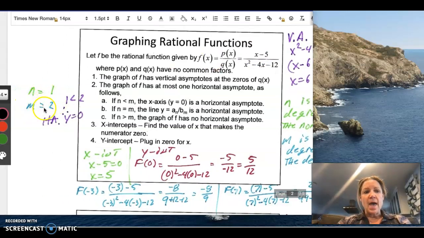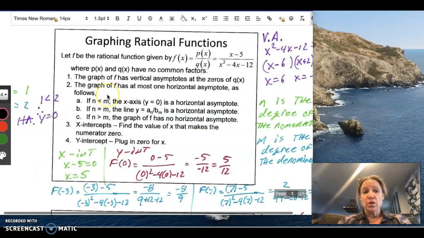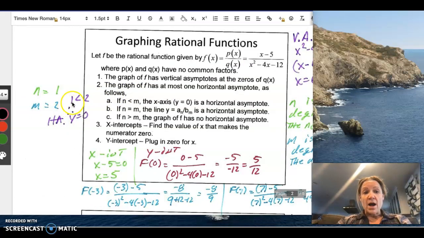The m is the largest exponent of the denominator. So here's your denominator. The largest exponent is 2. So we have 1 is less than 2. So it follows this first condition, which says that the horizontal asymptote is going to be y equals 0. So you just say that the horizontal asymptote is y equals 0.